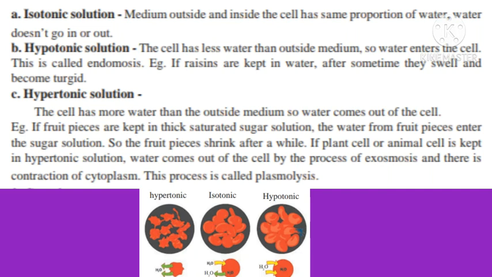If a plant cell or animal cell is kept in hypertonic solution, water comes out of the cell by the process of exosmosis and there is contraction of cytoplasm. This process is called plasmolysis.